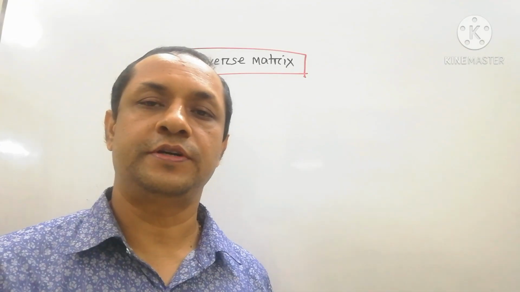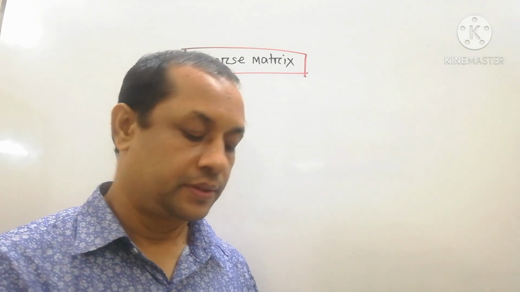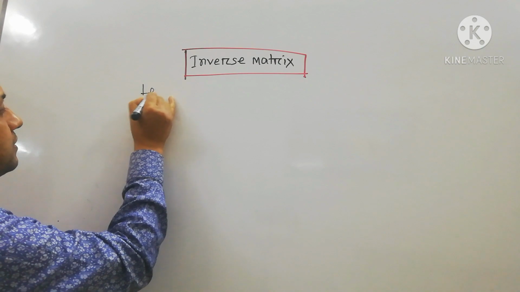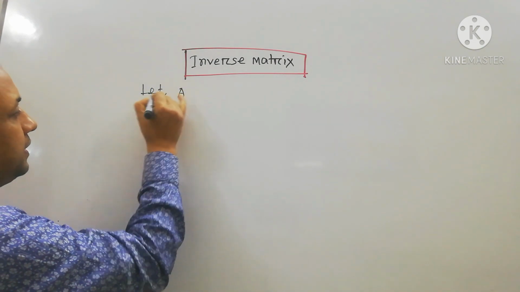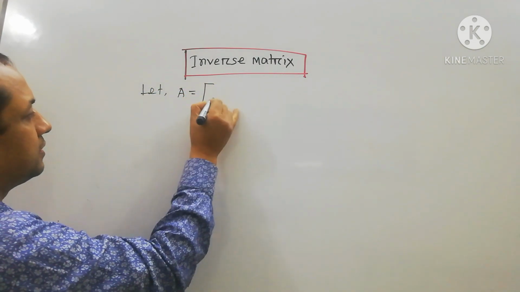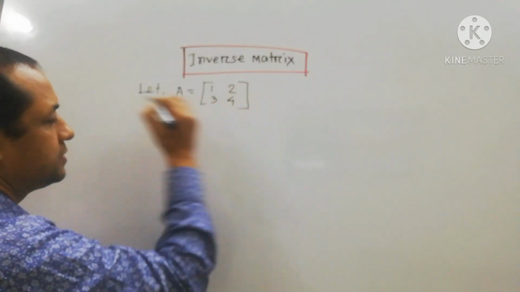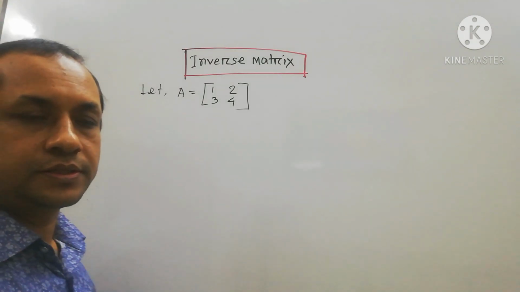Find the inverse matrix. For example, let A be the matrix 1, 2, 3, 4. Find the inverse matrix.